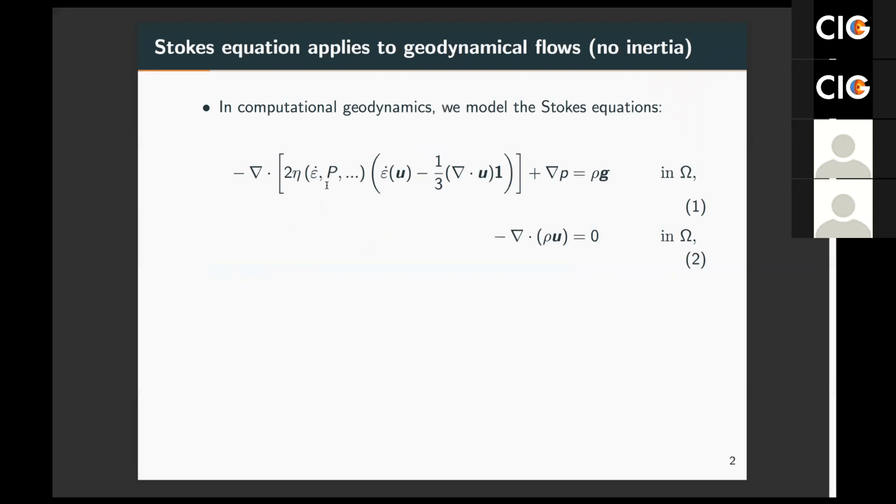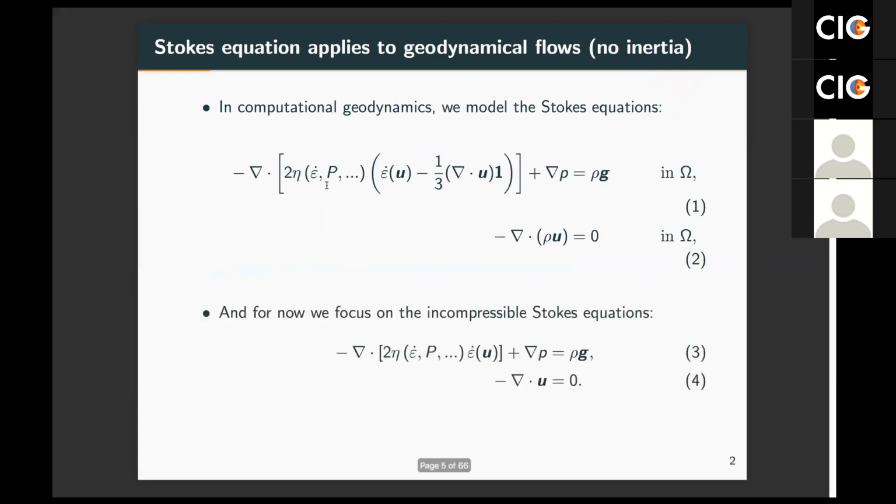And as you already saw in Juliane's talk, this is our full Stokes equation. And I'm going to look at the incompressible case for now. And the most important thing here to note is the viscosity, which is the eta term, which if it's not dependent on anything, you have a fine linear system.